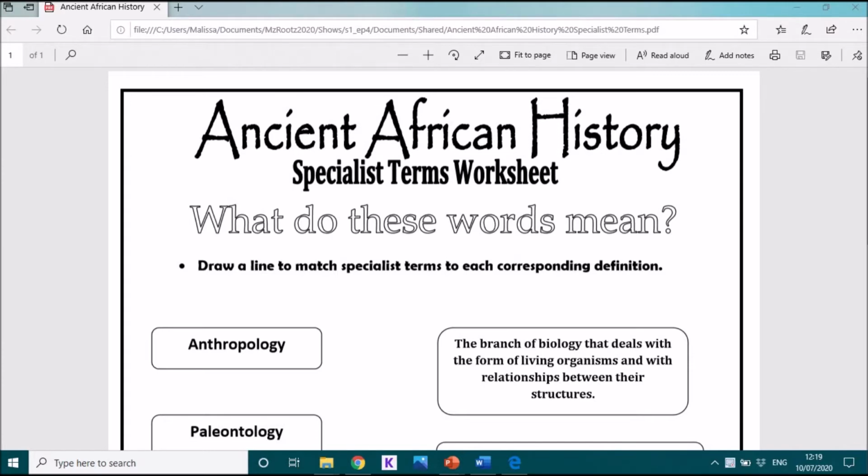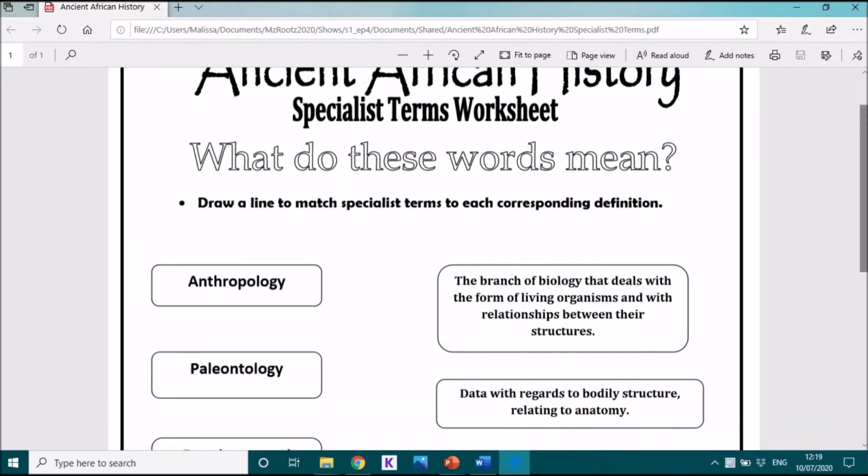This is what it looks like, and it's asking you, what do these words mean? It states, draw a line to match specialist terms to each corresponding definition.